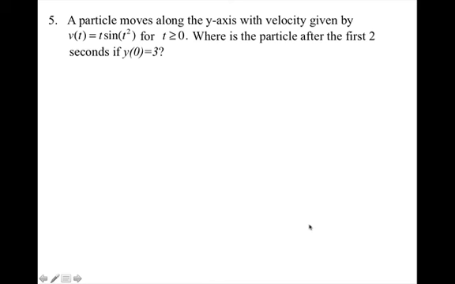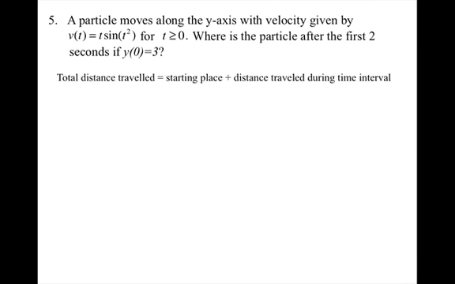All right, next example. A particle moves along the y-axis with velocity given by v of t equals t times sine t squared for t greater than or equal to 0. Where is the particle after the first 2 seconds if y of 0 equals 3?